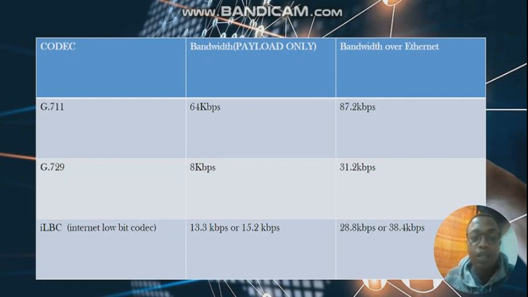Now, recently, there is what we call the iLBC, the Internet Low Bitrate Codec, and this basically comes to take over the two codec standards that were there earlier. With the iLBC, payload-only bandwidth would come at 13.3 kilobits per second or 15.2 kilobits per second, and the bandwidth over Ethernet would range from 28.8 kilobits per second to 38.4 kilobits per second.